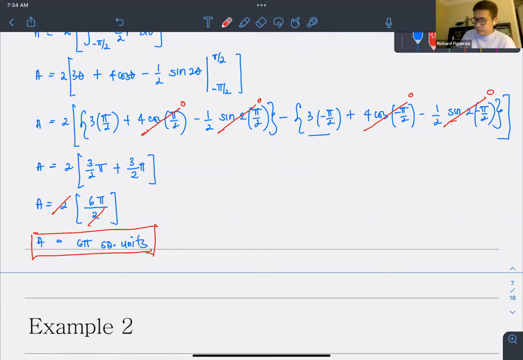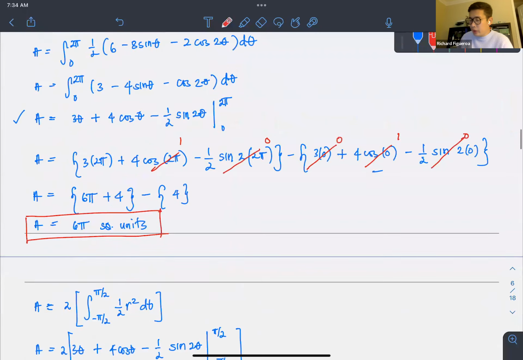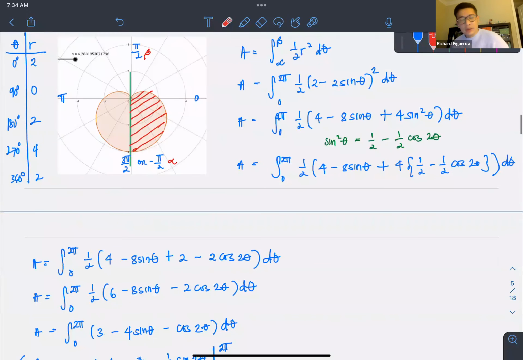This is as long as you know how the symmetry works.